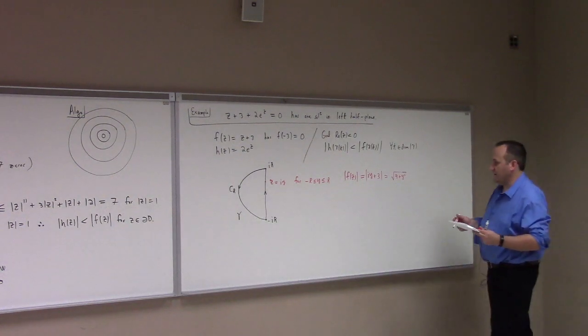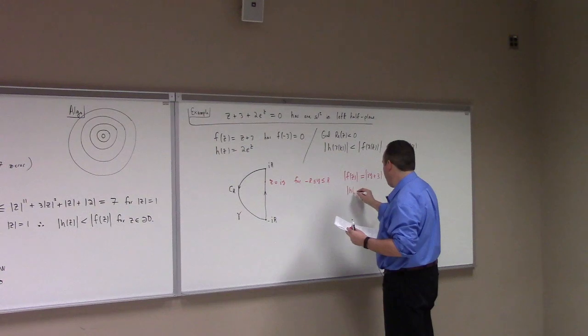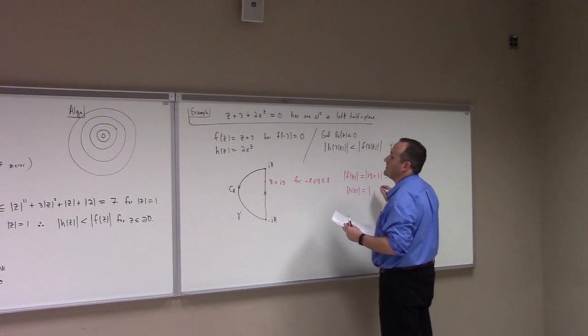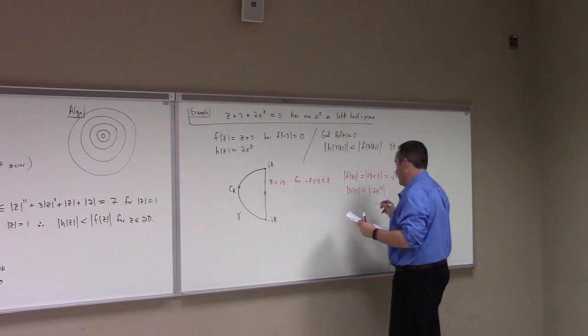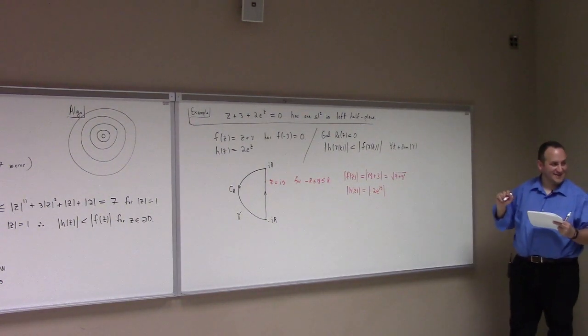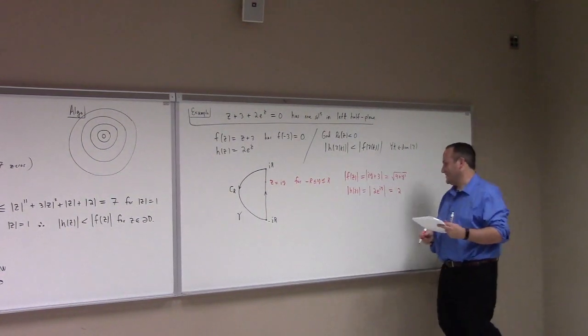And what about the modulus of h of z for these sorts of z's? Well, we got 2 e to the iy. A real y, so this is indeed unimodular. I learned my lesson the other day. This is 2, right?